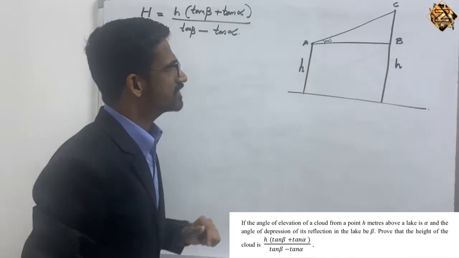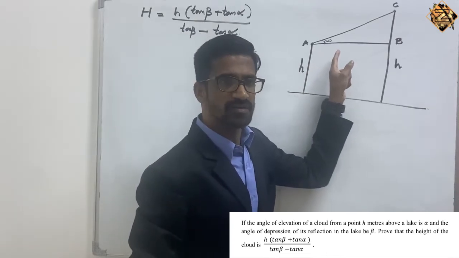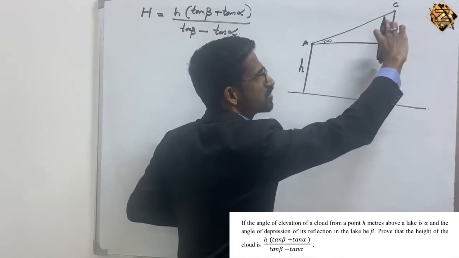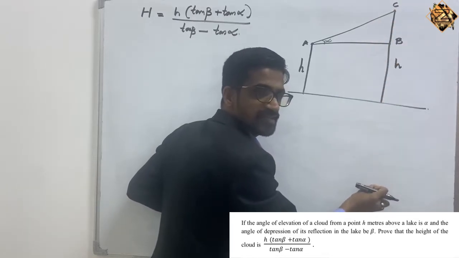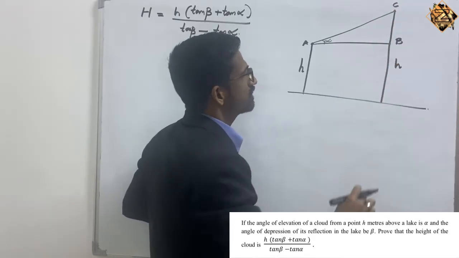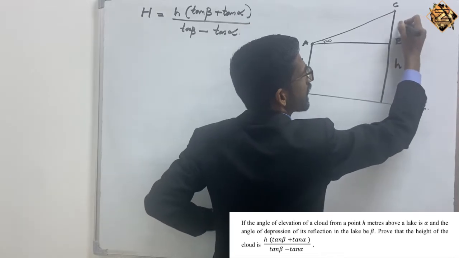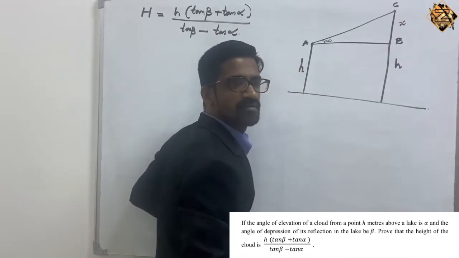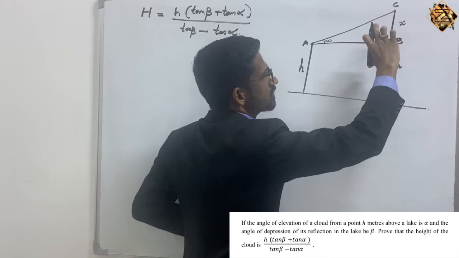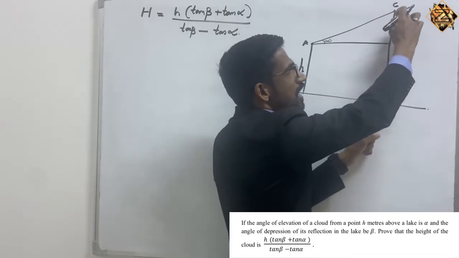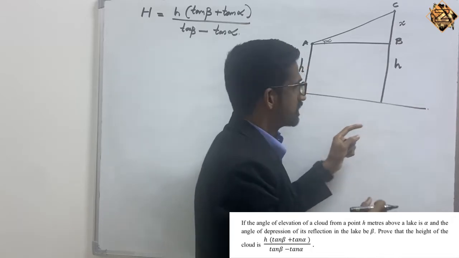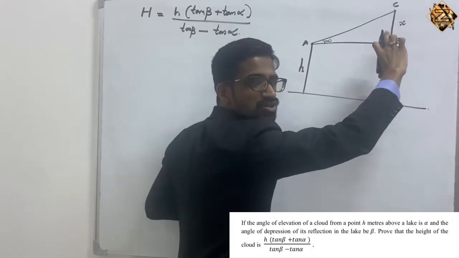Next sentence it is given, and the angle of depression of its reflection. Reflection of what? Of the cloud, reflection of the cloud in the lake is beta. So before that we will consider BC equal to x. Reflection of the cloud means what?